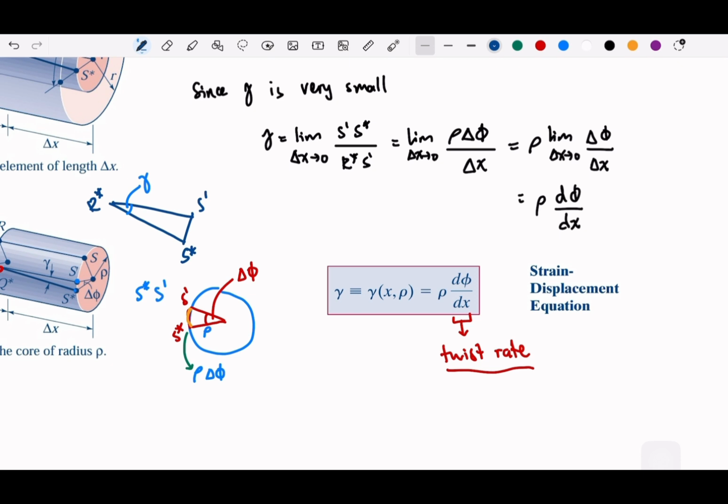The shear strain can also be distributed on every point. If we cut the bar into several points, it will be distributed on every point possible in the circular bar.